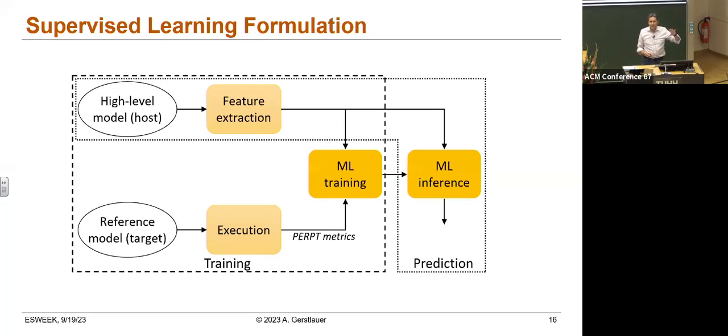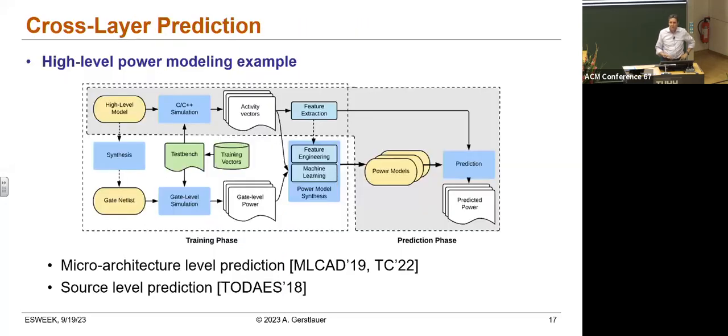You run a certain set of micro benchmarks on both the high-level model to extract the features and the low-level reference implementation. You train an ML model such that during prediction time, all you need to do is write a high-level model, extract the features, and predict the low-level implementation details at a very abstract level of representation. And this can be applied now in different forms. I just want to give a few examples.